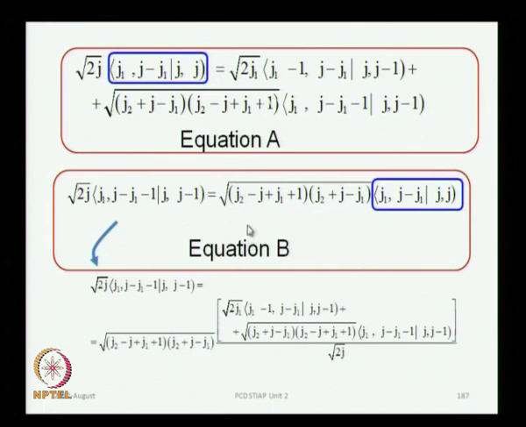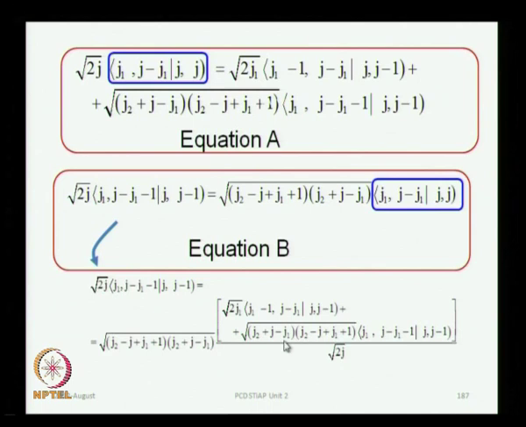So, once you do that, you have this left hand side, then you have the square root factor which is here, and then this term is replaced by the right hand side of this divided by the square root of 2j which comes over here. Okay. So, this is very straightforward substitution.